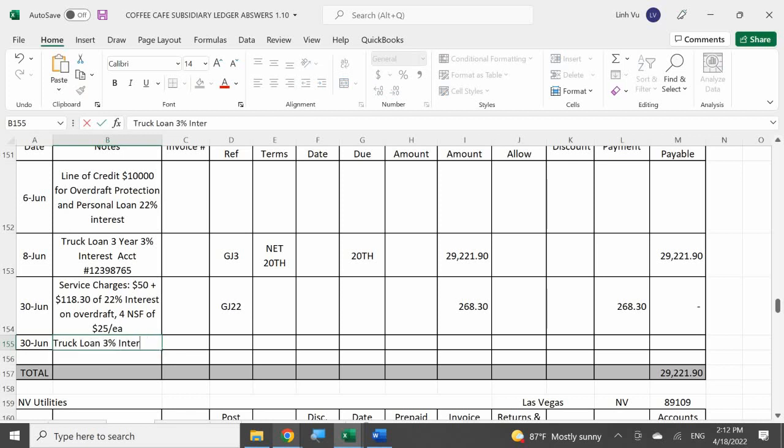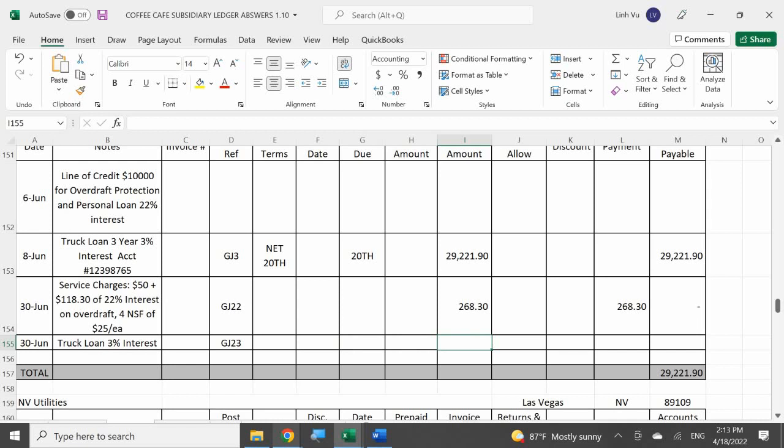3% interest. And what you can do here is, because I already entered that I borrowed the 29,000, you can go ahead for this one. You are able to insert the interest amount in the amount.